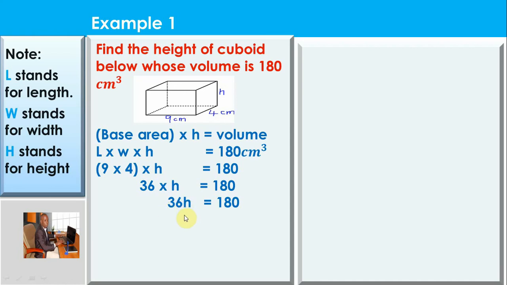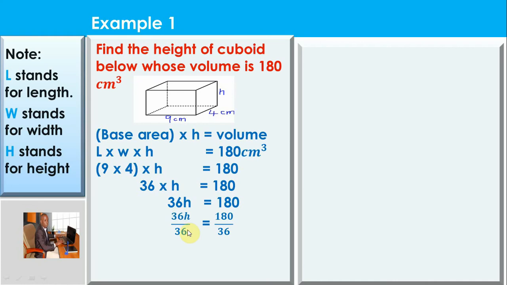So this side we shall divide by 36, and also 180 we shall divide by 36. So here we say 36h out of 36 equals 180 out of 36. Now when I reach here, I can divide 36 by 36, and even this 36 by 36.